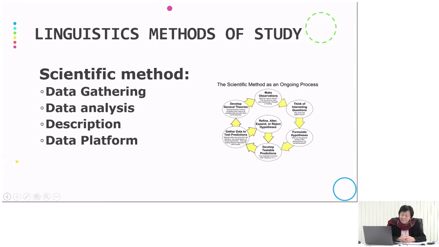Yeah. So you analyze the data that you collect, and then after you analyze, you describe. So we just say that you make a description out of that. I mean, what do you find out of your analysis? And if you are going to analyze language, we have the method to do that, which we call the scientific method of analysis.